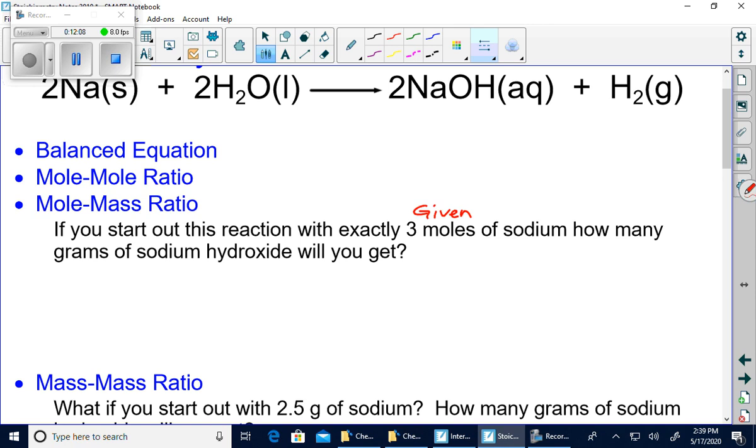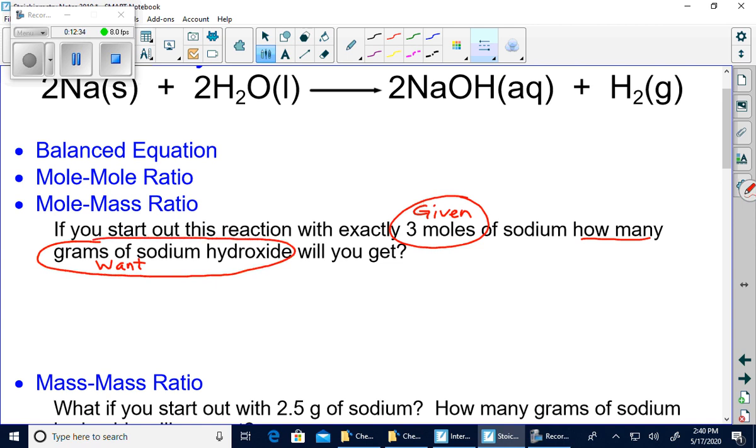Figure out what you're given and what you want. It says if I start out with exactly 3 moles of sodium, that's what I'm given. How many grams of sodium hydroxide is what I want.